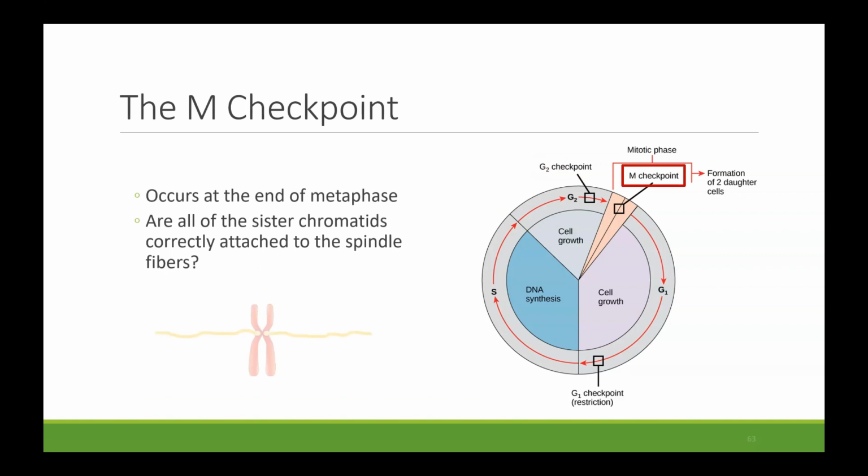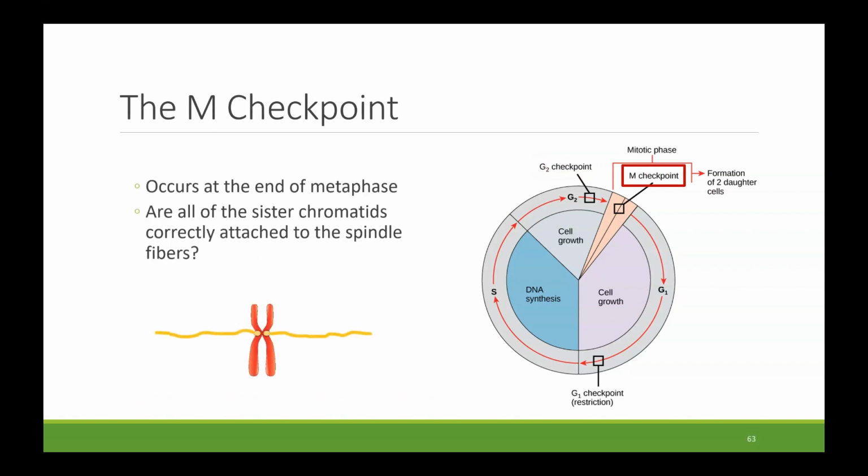Because if they aren't properly attached, then the sister chromatids will not end up getting separated and pulled to opposite ends of the cell. Instead, you can end up with both sister chromatids going in one direction or neither going in either direction. And of course, this does not set the cell up to be able to create two identical nuclei. One side will get too much DNA and the other side will get too little.